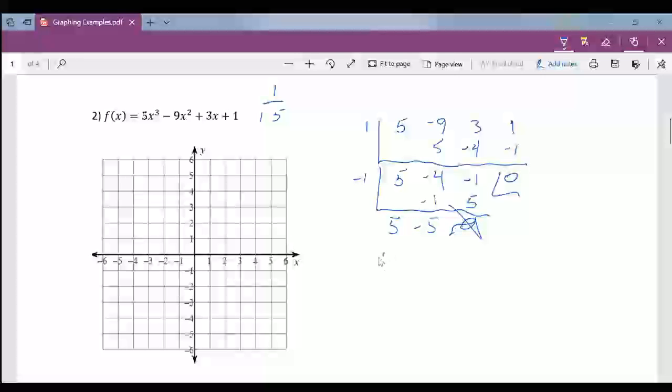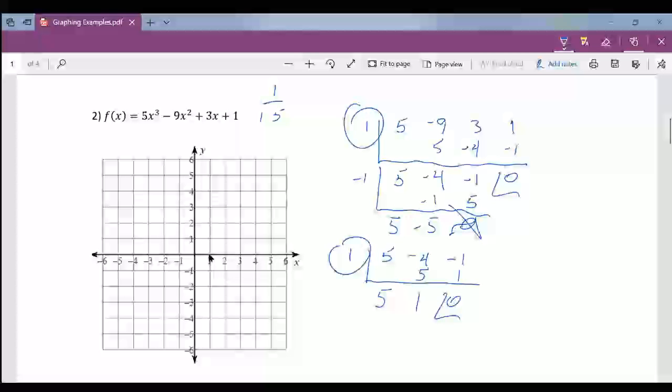So let's try it again. Let's use +1 again. So this would be the second time. That's 1 time. Bring down the 5, multiply, add, multiply, add. Oh, great. So 1 is definitely going to be one of our roots. It's going to show up twice.